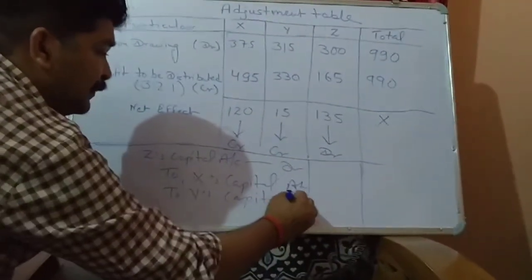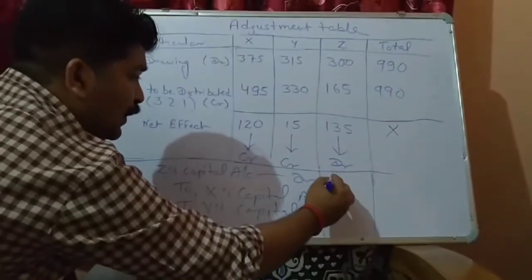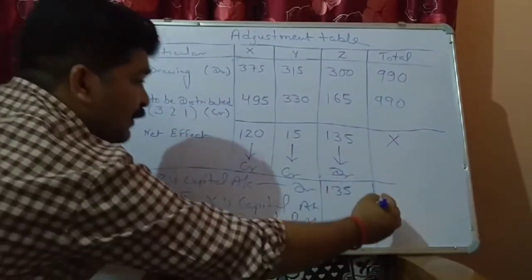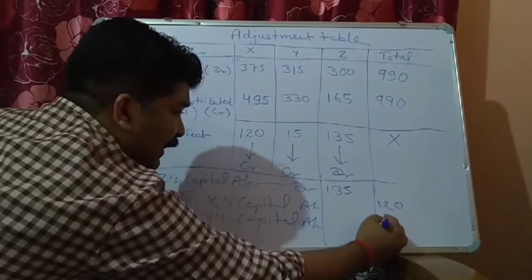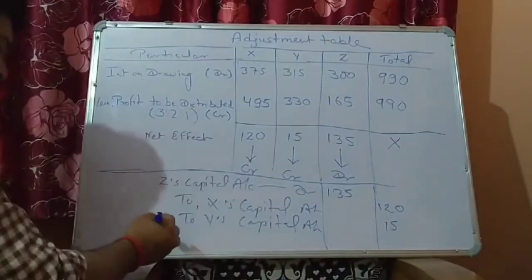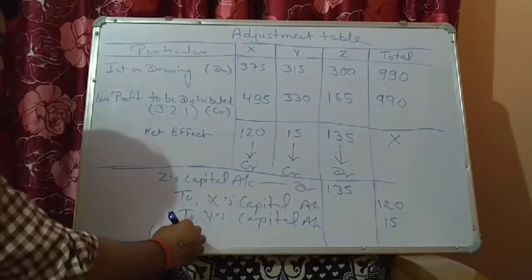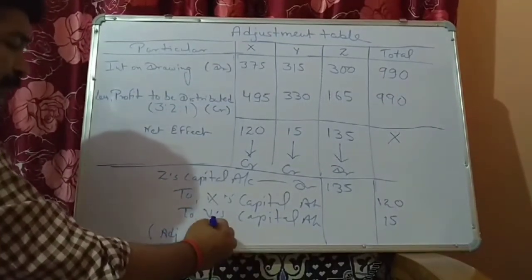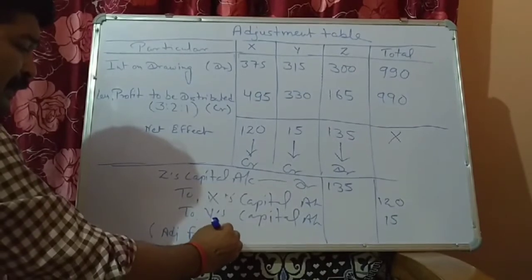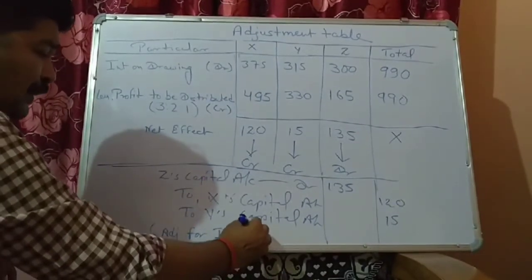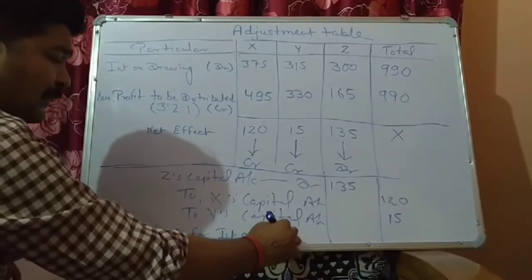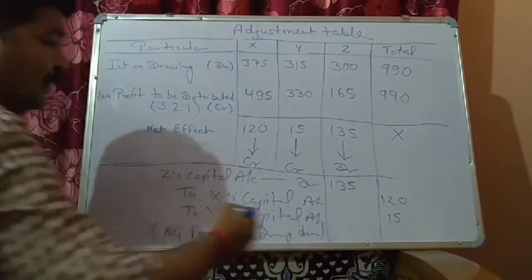Put the amounts 135, 120 and 15. Narration: adjustment for interest on drawing done. Thank you.